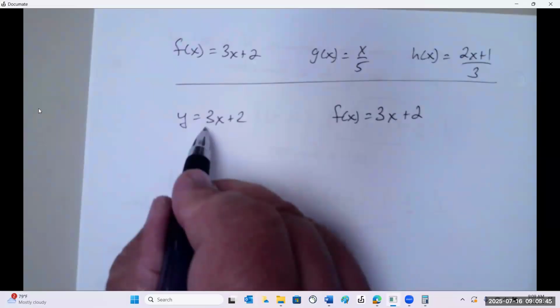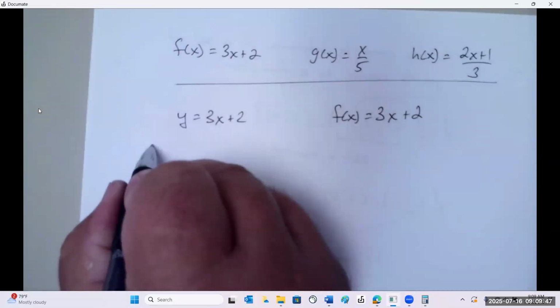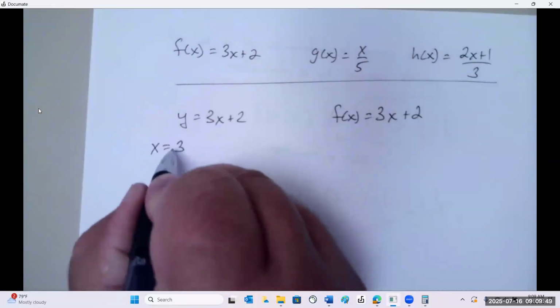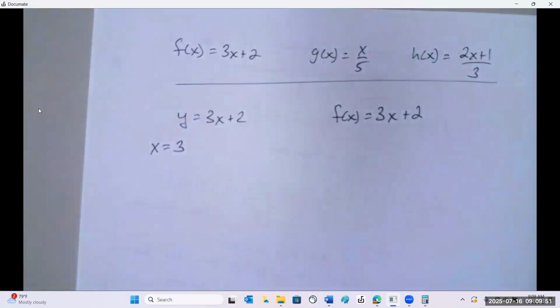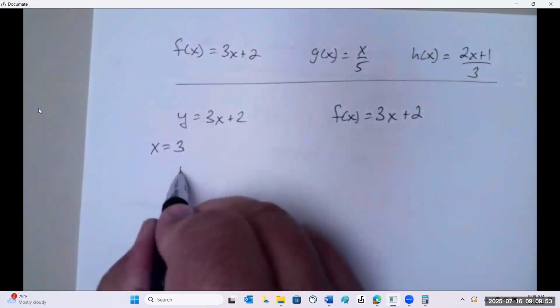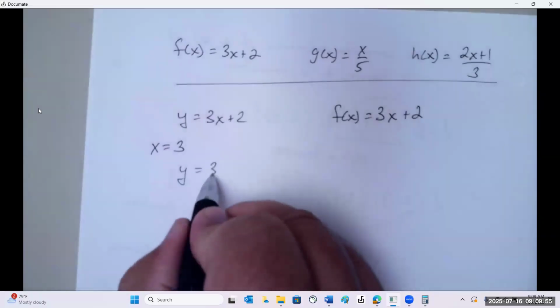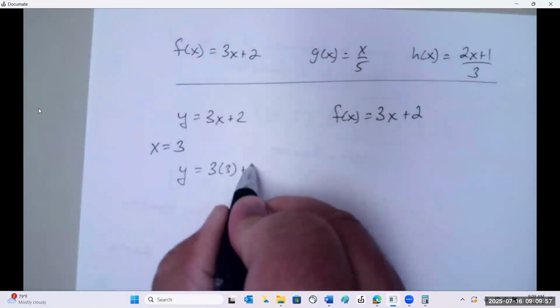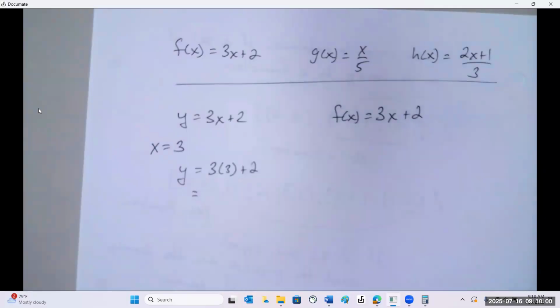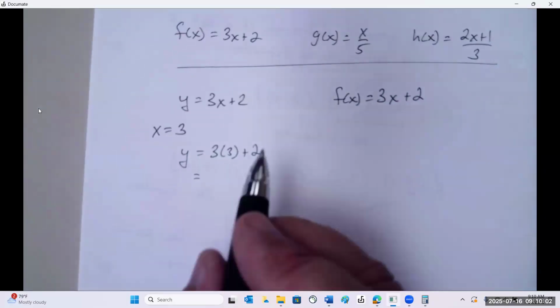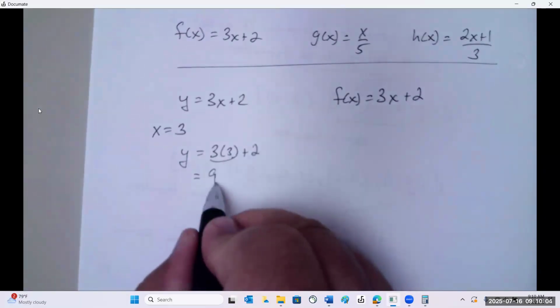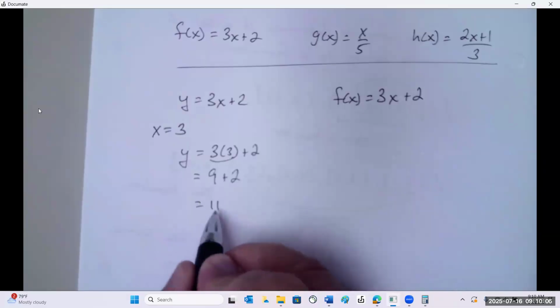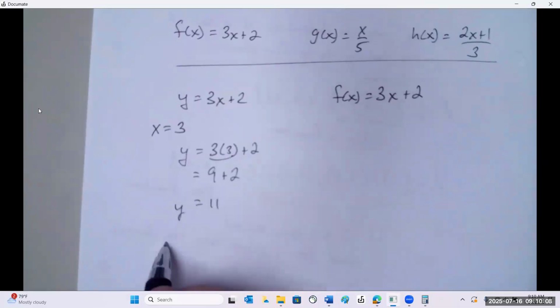So I have to say x equals 3. Anywhere you see an x, you put a 3, and you work it out. 3 times 3 is 9. 9 plus 2 is 11. So this belongs to the point (3, 11).